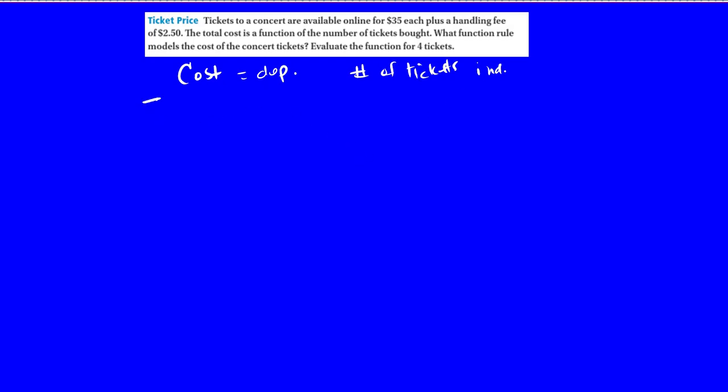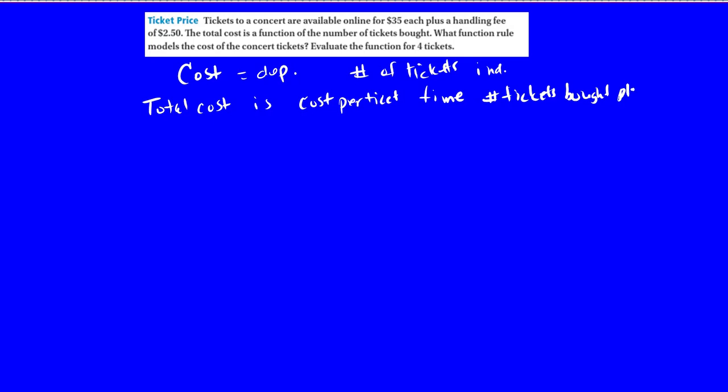So the total cost, I'm going to look at it like this, is the cost per ticket. I'm just putting this in words, right? Times the number of tickets bought, and this will make sense as we go through this, plus the handling fee. So we have that handling fee that is constant, right? It's going to be $2.50.